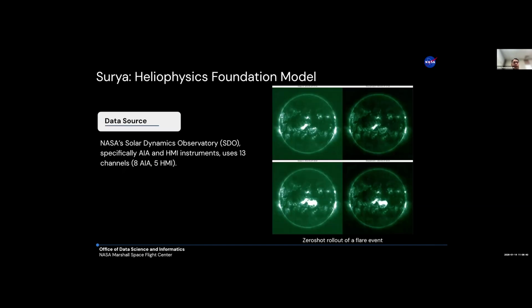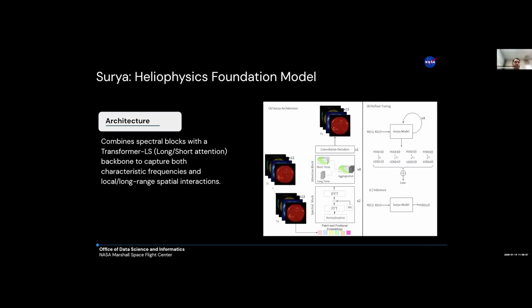The data here was basically from NASA's SDO mission. Specifically, 2 different instruments were used. It's basically 8 AIA channels and then 5 magnetic channels, HMI data sets. Again, it's the science use cases and the requirements that determine the design of the architecture here.